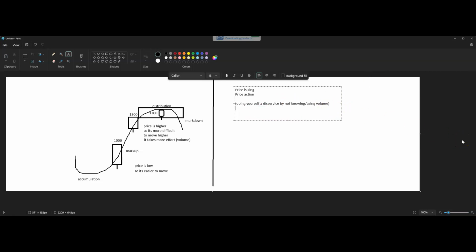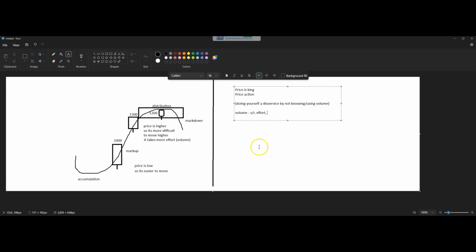Because volume helps with identifying support and resistance. It helps with identifying effort. It helps with so much. I mean, that's the whole reason to trade the futures market, to be frank. There's a lot of skill that's required and all this and that, but I'm not going to get into that.